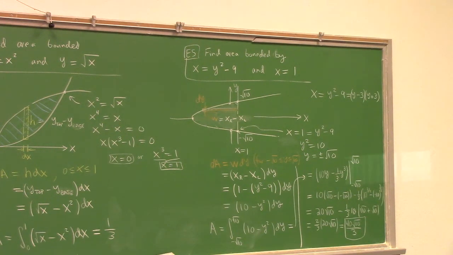Any questions about this method that we're using? I think the main thing is just coming to terms with what the area looks like in order to do the integration, right?